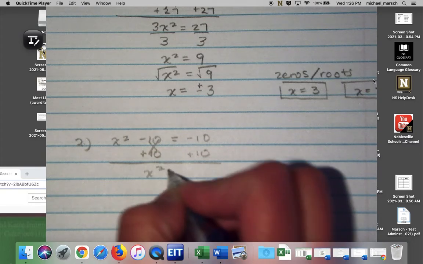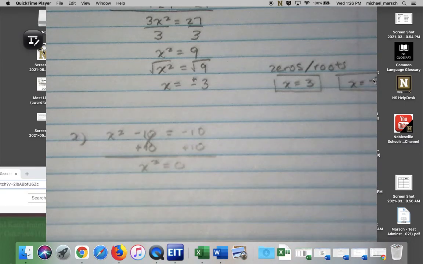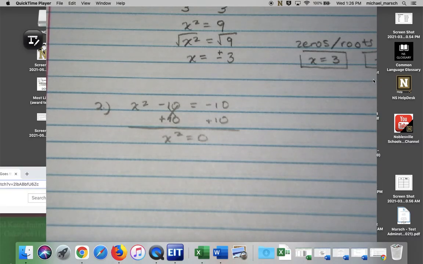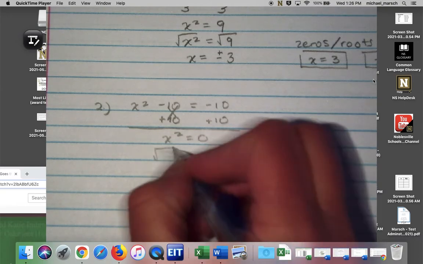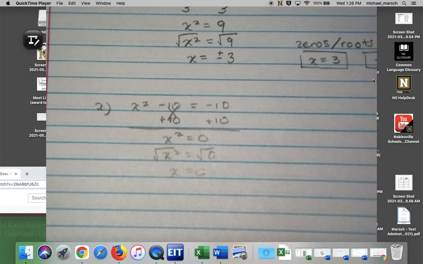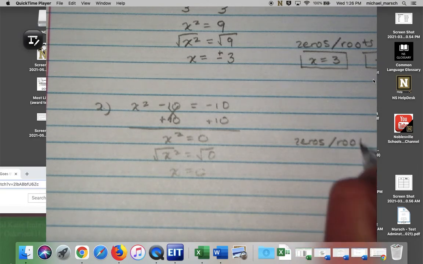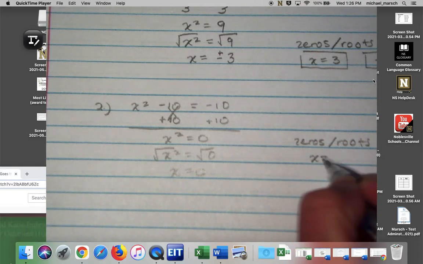And I'm going to have x squared equals 0. Well, what's my x going to be? 0. 0, because the square root of x squared equals the square root of 0. So x equals 0. So my answer is x equals 0.